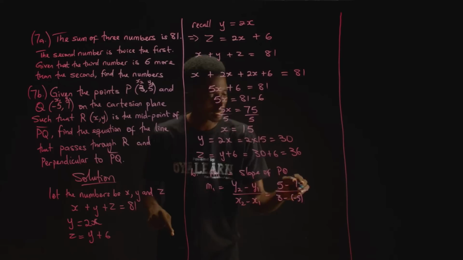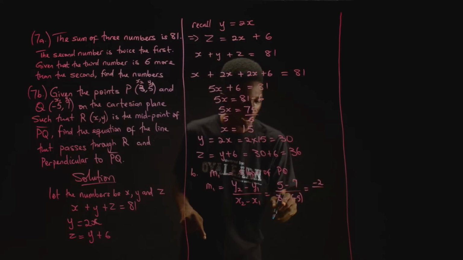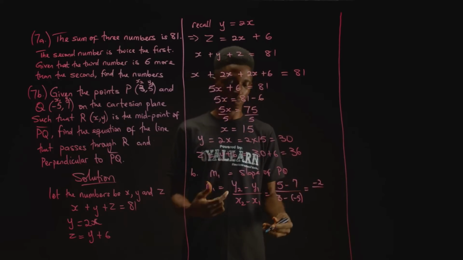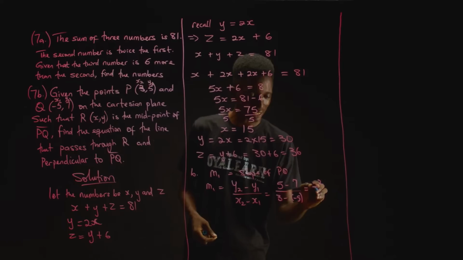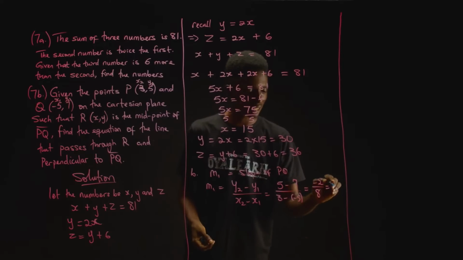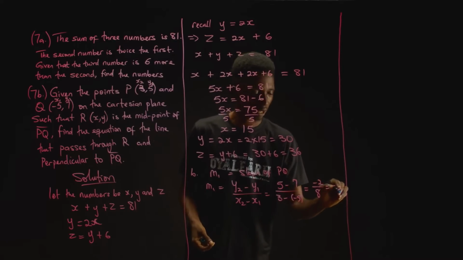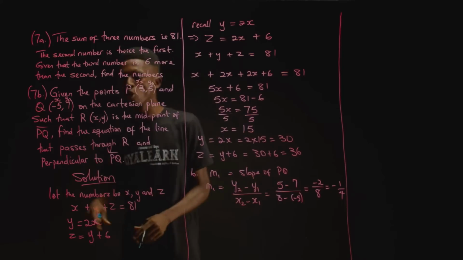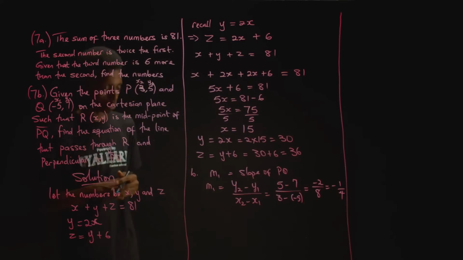So what we have here is minus 2 over, now minus times minus gives us plus, so 3 plus 5, that is 8, which can then be written as negative 1 over 4. Now we've gotten the slope for the first line, which is PQ, right?